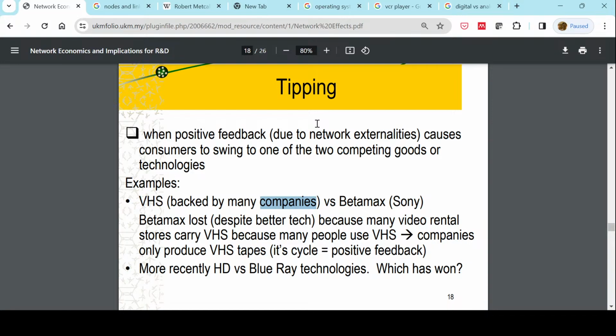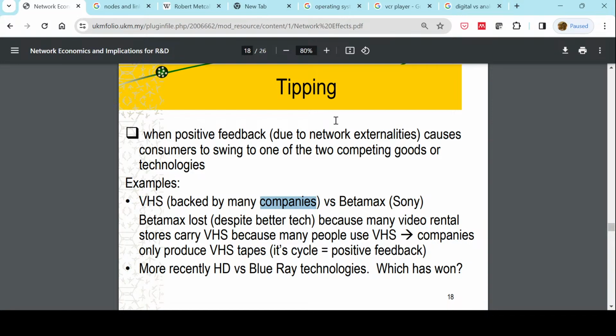With YouTube today, you don't need a DVD player. You can watch YouTube for free, because companies do advertisement on YouTube. So we as consumers watch YouTube for free.